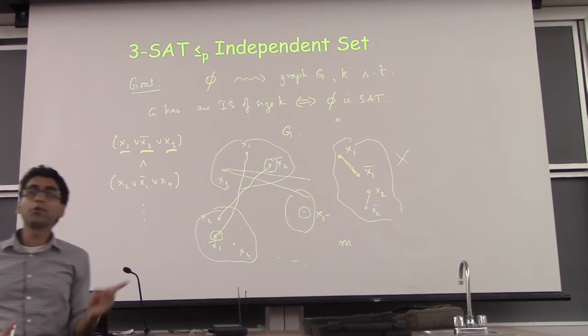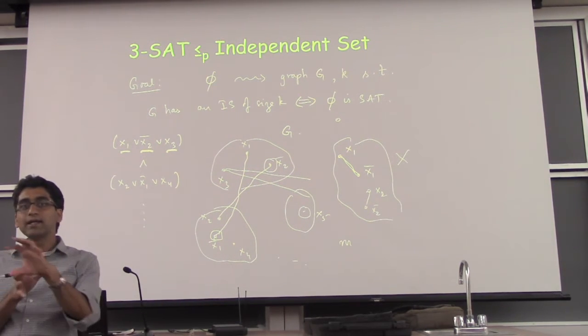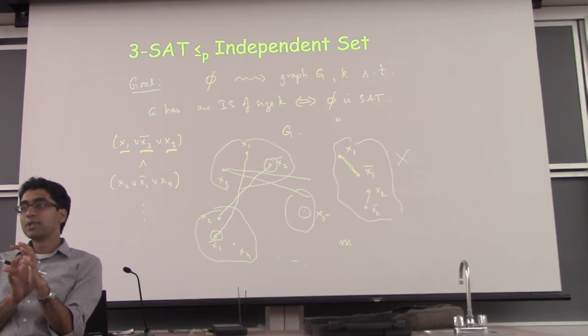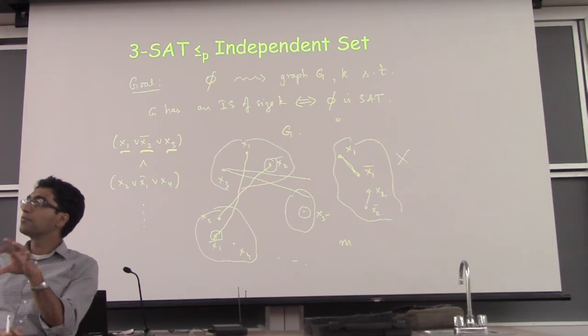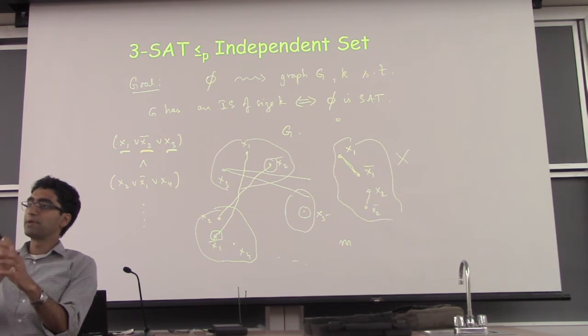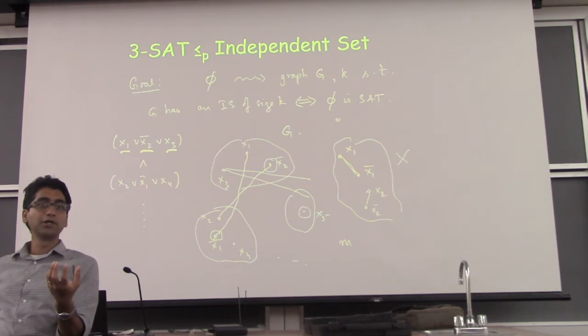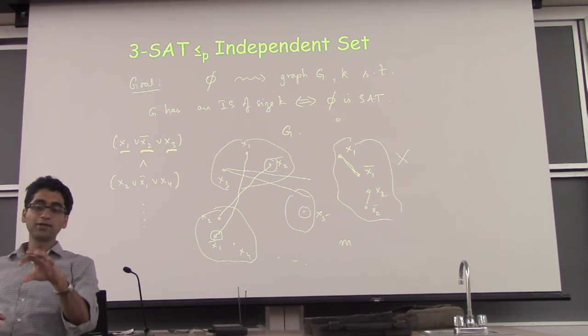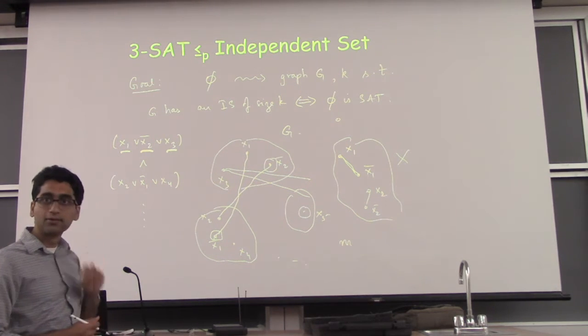Right. So what he's saying is, right now I assume that I have this independent set where you have exactly one vertex picked from each of these clause groups. And what's the easy way to ensure that? You don't want two guys from this block to be picked.